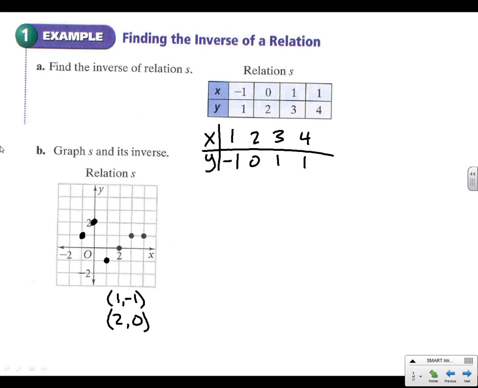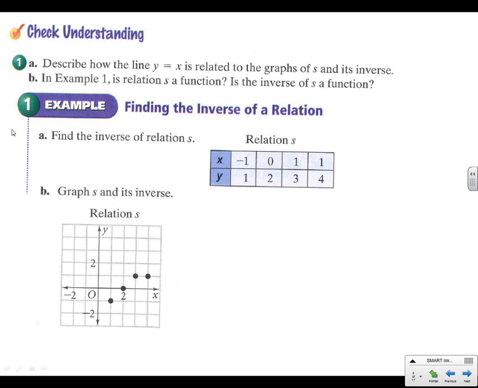The fourth point, this one right here, is 3, 1. So now we need to make it 1, 3. And the last one is 4, 1. So we need to make that 1, 4.